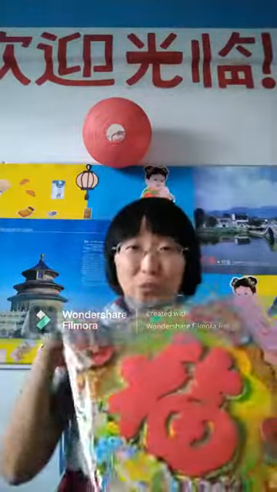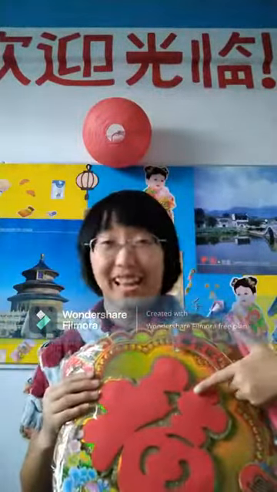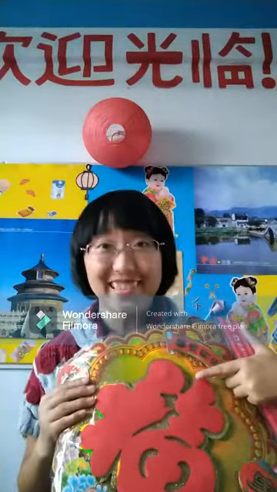What does it mean? Okay, Fu means blessing, which means good luck, good blessings for you and your family. That's why we have this character on many Chinese New Year decorations. Chinese people just love this character.